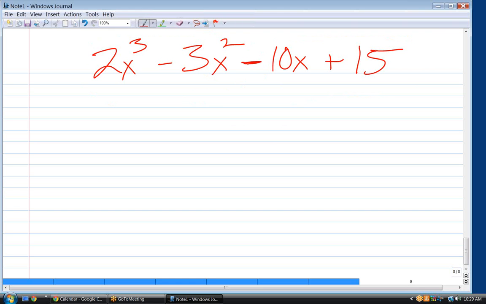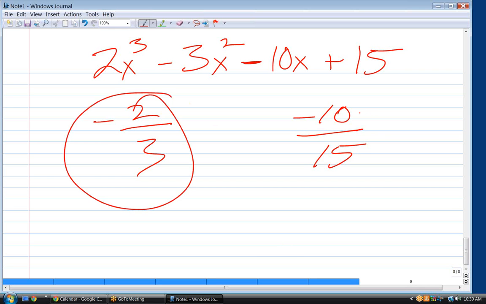Now it lends itself to grouping. In other words, what was the ratio of the coefficients? It was minus 2 to 3, right? What is the ratio of these coefficients? Minus 10 to 15. That's the same ratio. That's what you need to be able to group: the ratio has to be the same.